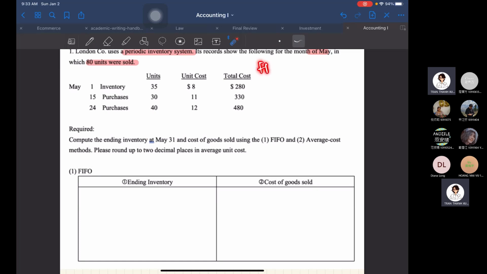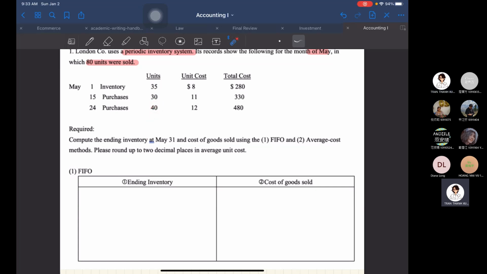So for the FIFO, first in first out, right now we need 80 units, so we count from the beginning of inventory. We took 35, then we took 30, still not enough, right? It's just 65, so we need 15 more from the last one.